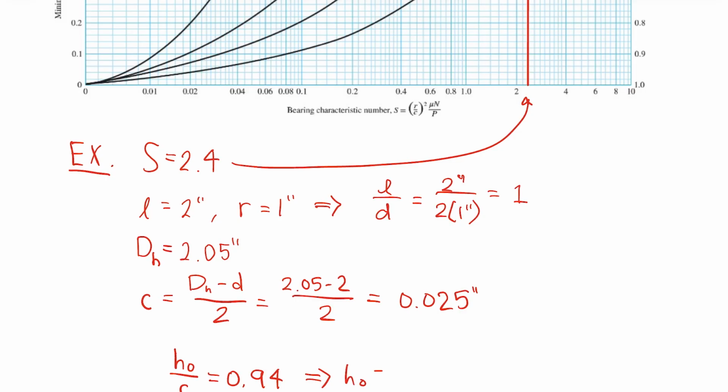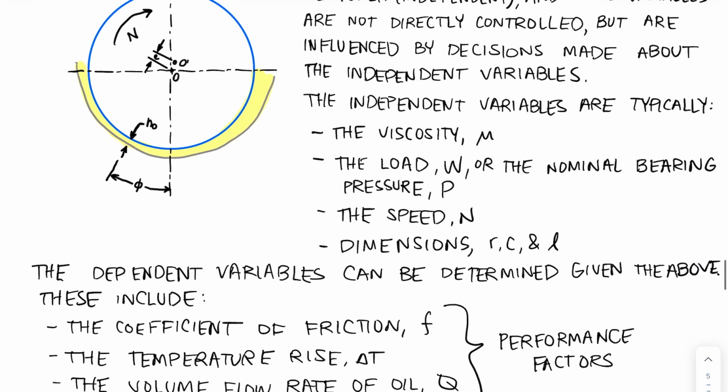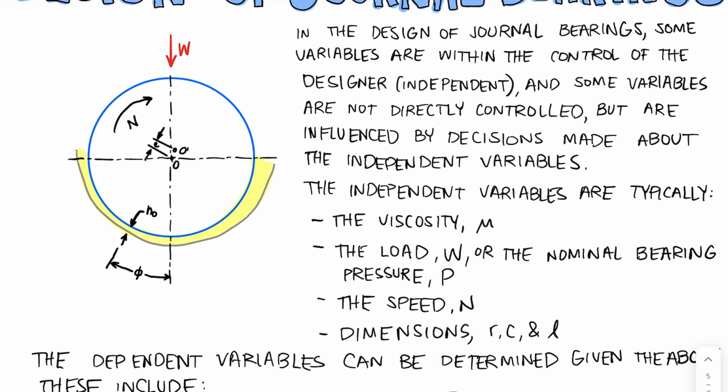So H naught is 0.0235 inches. All right, so again, that means that this minimum film thickness between my journal and my housing, we've found that it's 0.0235. Whereas the initial clearance, when everything was concentric, was 0.025.